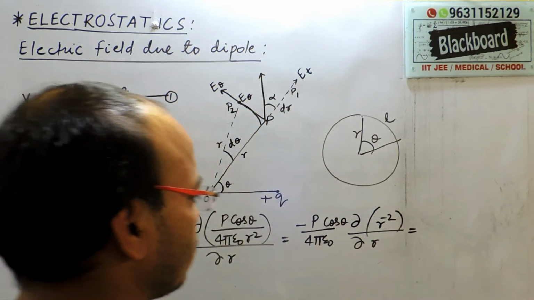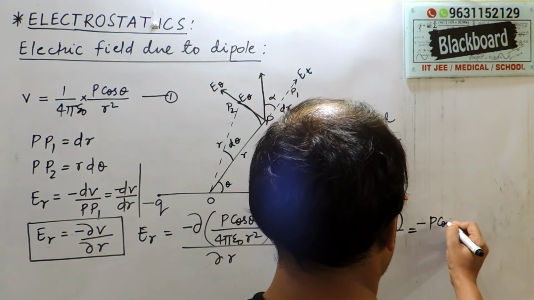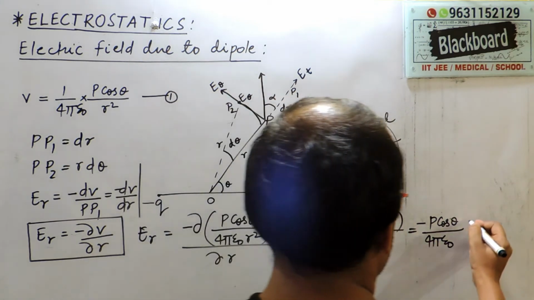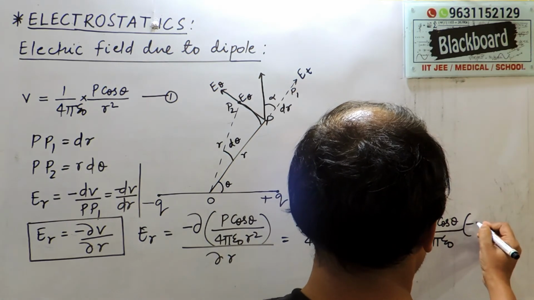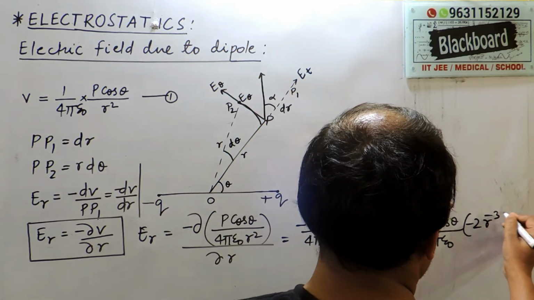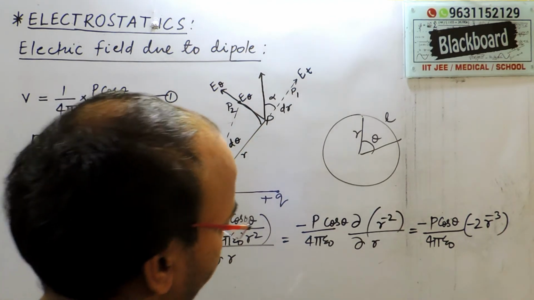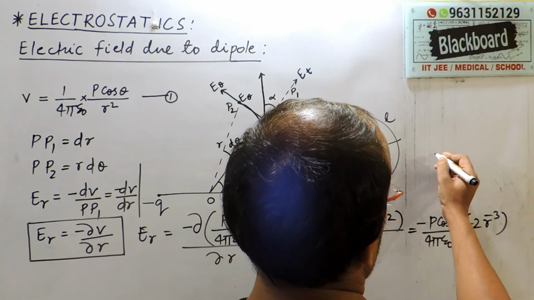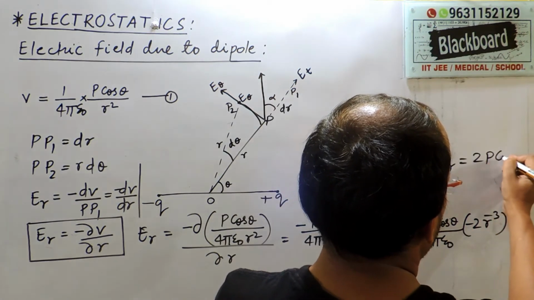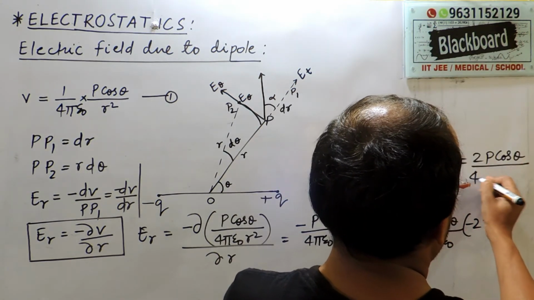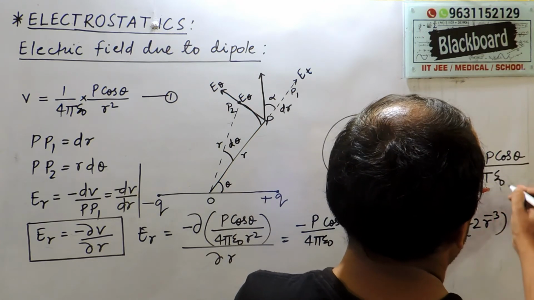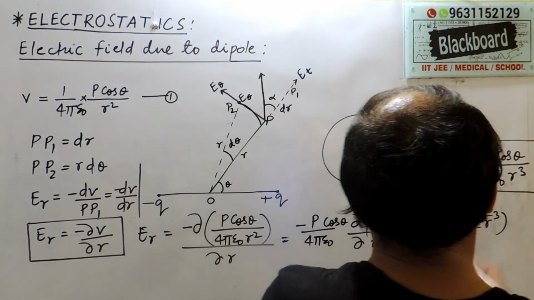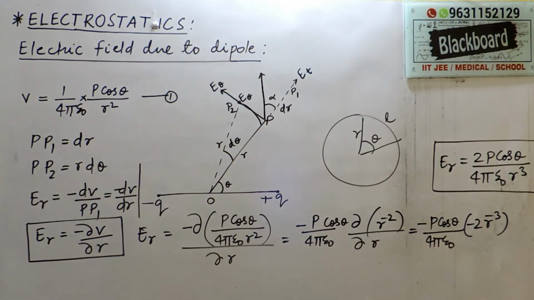Now using differentiation, this will be minus 2 r to the power minus 3. Finally the result, negative negative positive, equals 2P cos theta by 4 pi epsilon naught r cube. This is the electric field in the radial direction.